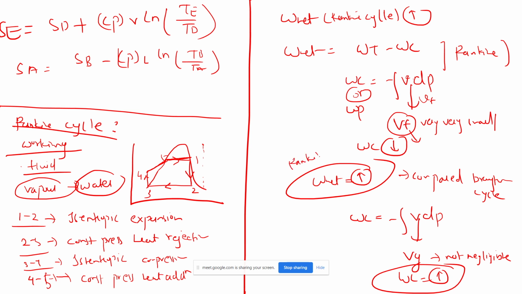But in case of the Brayton cycle, since v_g, the specific volume for gases, is not negligible and is very high compared to liquid, the compressor work there is higher, and in that case the net work output is reduced. Yes, got it.